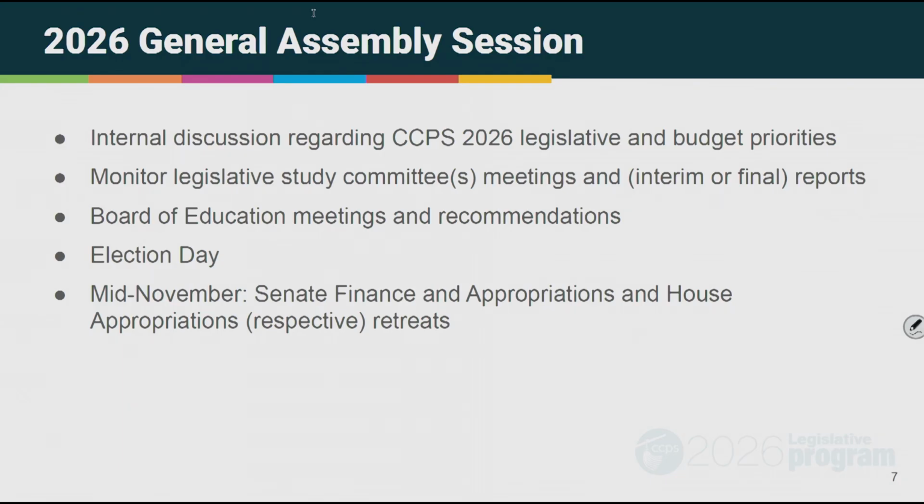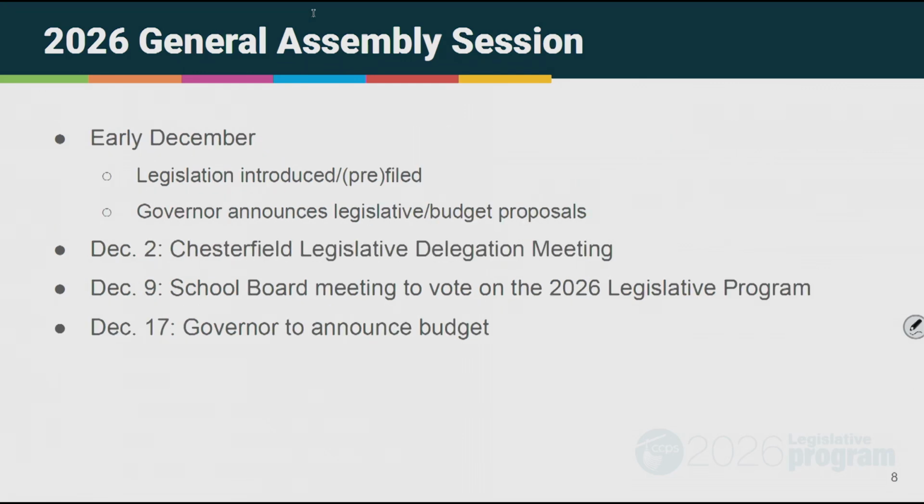Certainly, Election Day did bring some changes with regards to the political landscape, which I'll talk more about along the way. Mid-November, the finance committees, Senate side and House side, met and discussed, as per usual, that there are limited funds out there, really to set expectations more than anything else. Really, for them, it's about prioritization.